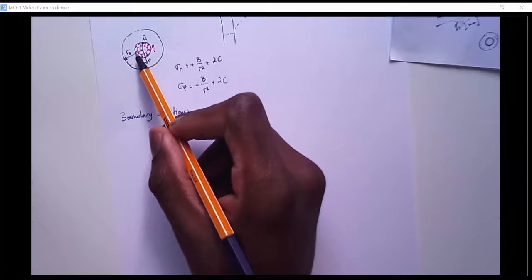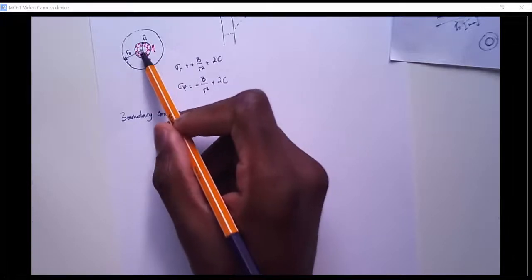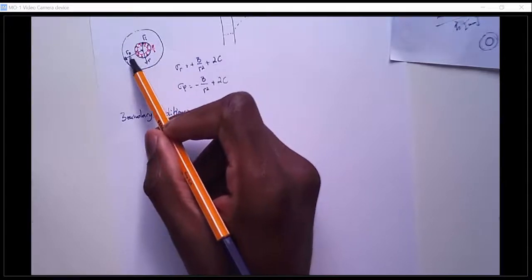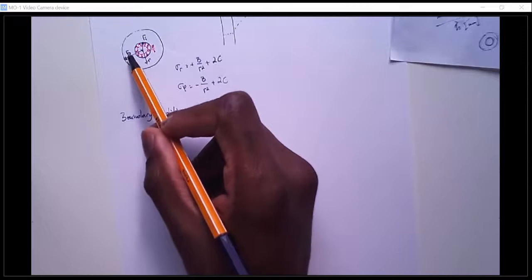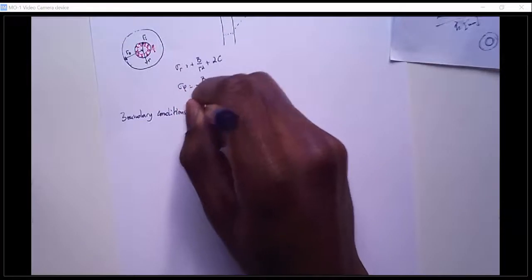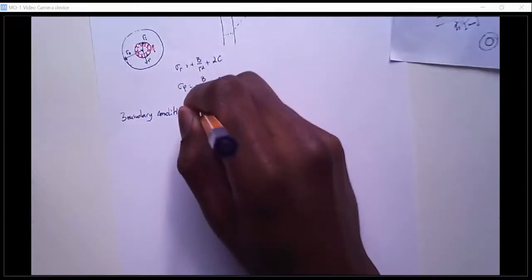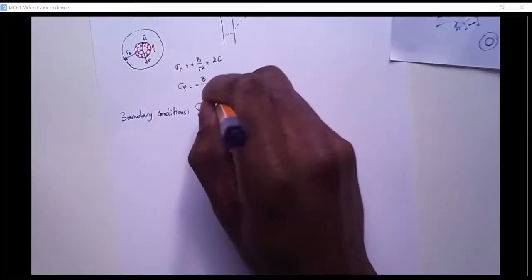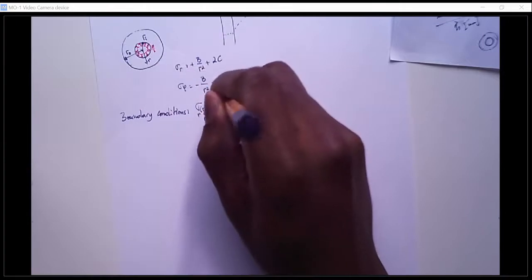The material starts at r equal to r_i and goes up to r equal to r_o. So boundary condition one: the radial stress sigma_r at the position r equals r_i is a compressive stress, minus p_i.